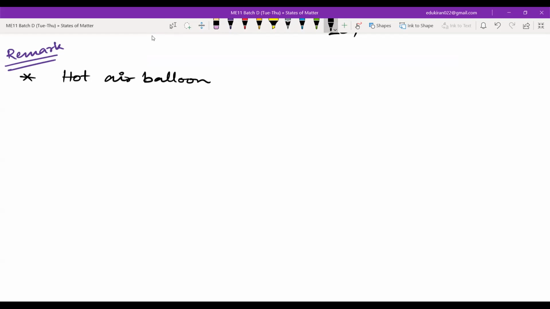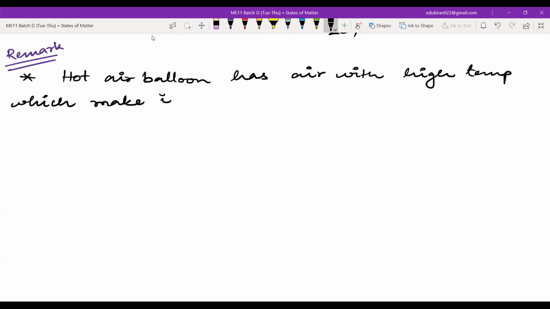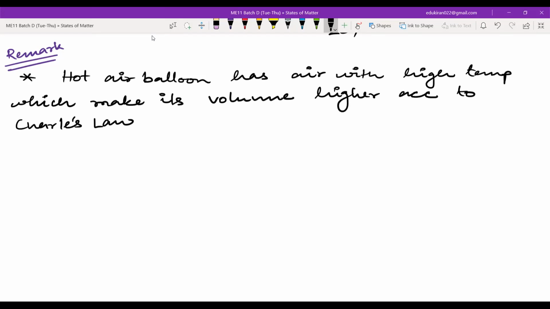The hot air balloon has air or gas with high temperature, which makes its volume higher, according to Charles' law.